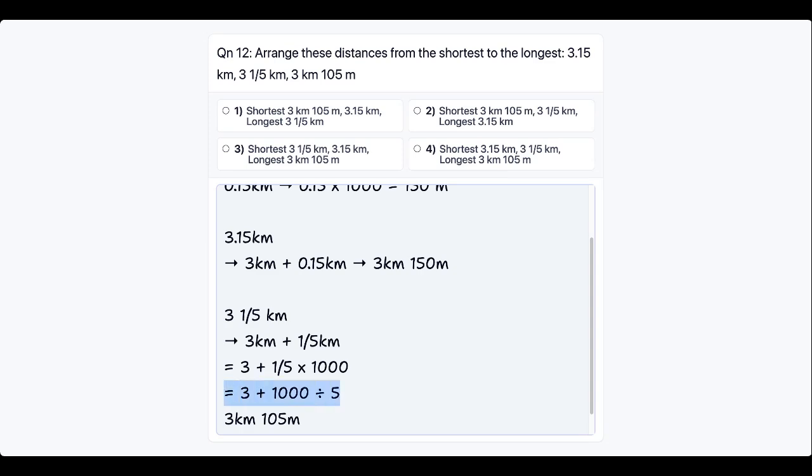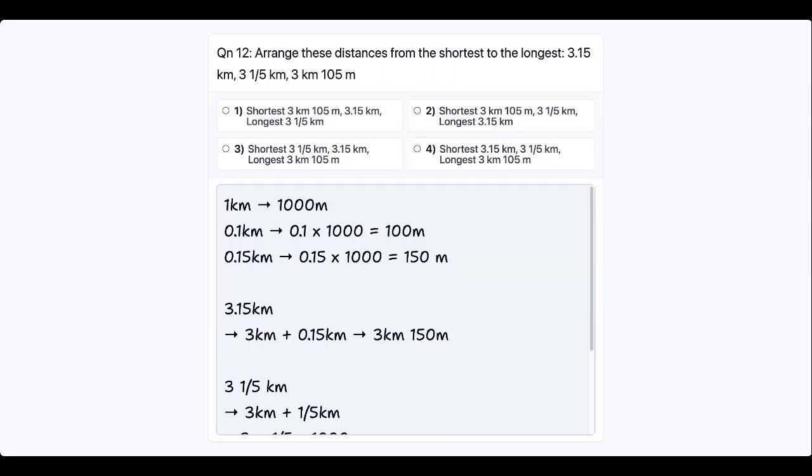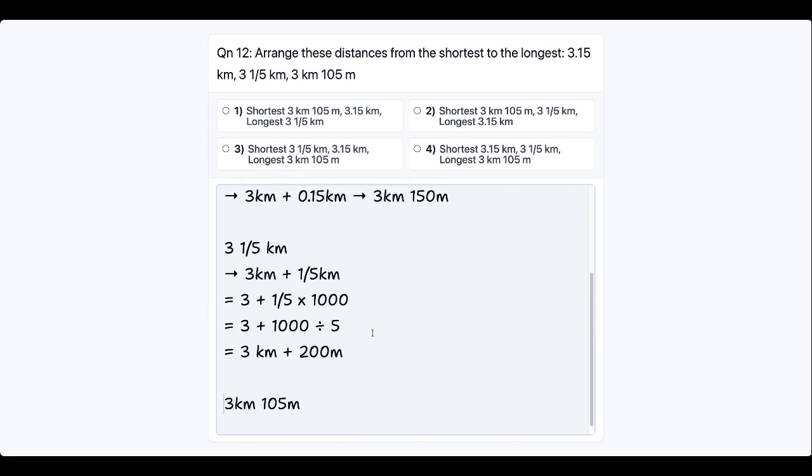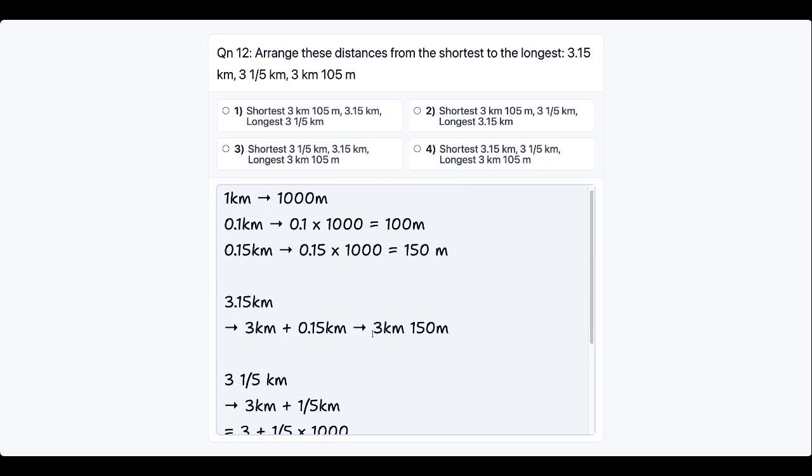So in this case, we then get 3 kilometers plus 200 meters. Okay, 200 meters in this case over here. All right. So now we know the different options.